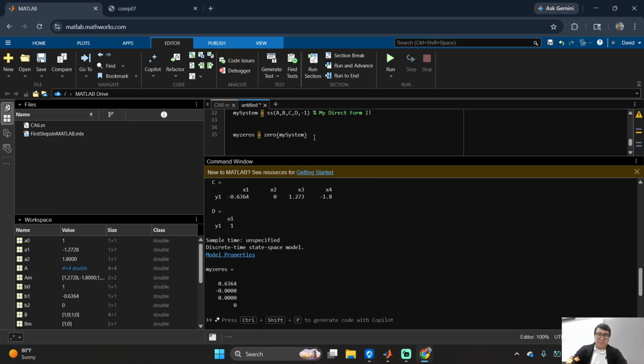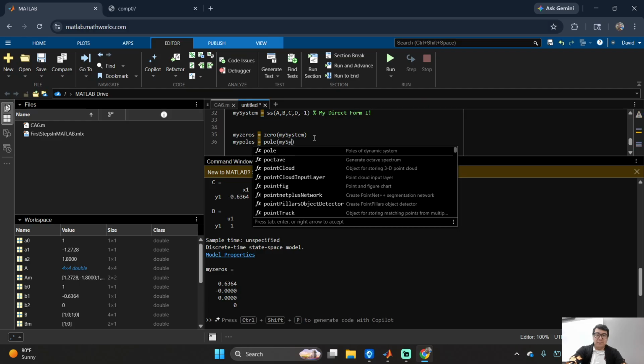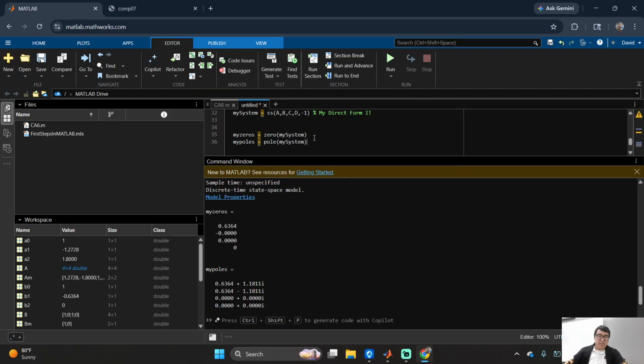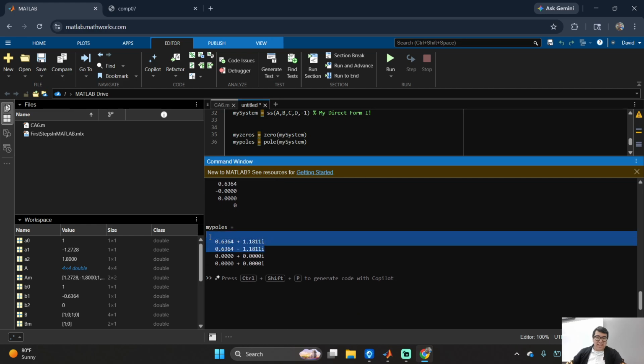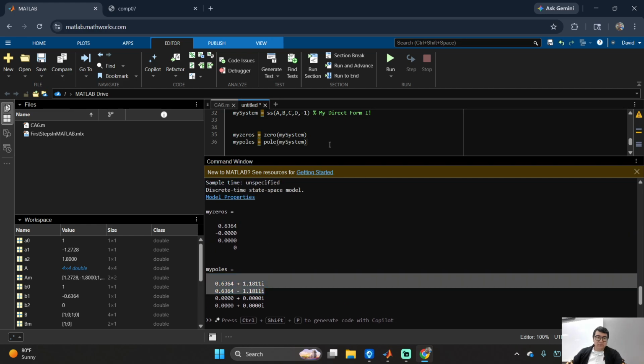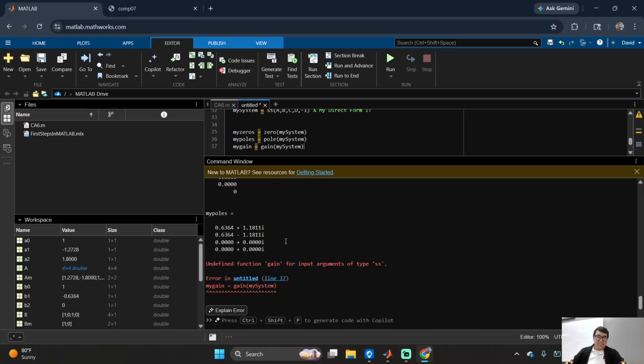Anyways, I'm wasting time. My poles is going to be the pole of my system. There's my poles. My gain is equal to the gain of my system. What's my gain?